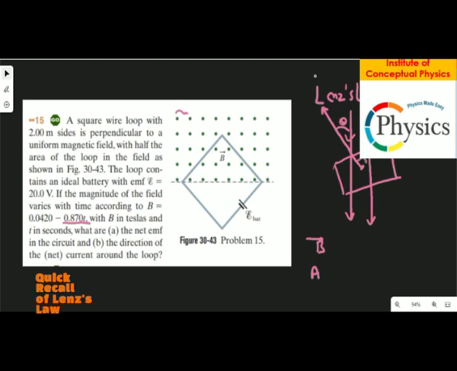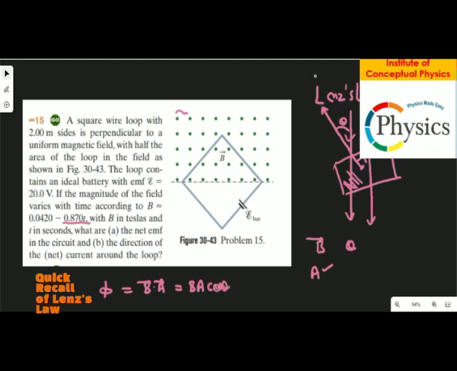This angle between the area vector and the magnetic field is theta. So the flux which passes through this area is given by B dot A, which is equal to BA cos theta.